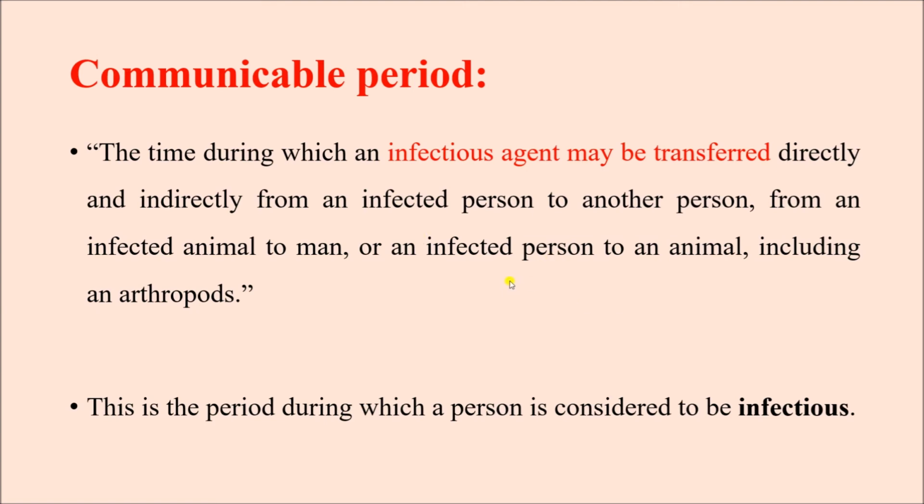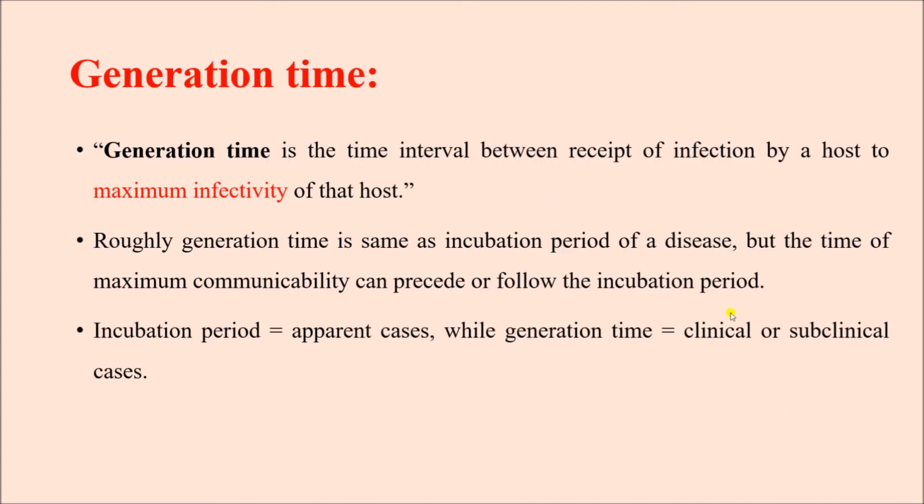So as you can see, there is an infected person or animal, and during the communicable period, that infected person or animal can transfer the infectious agent to another person or animal. So this is the communicable period.